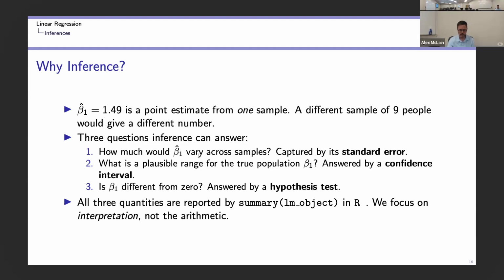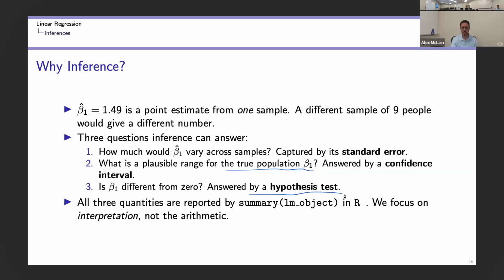So there's 3 questions we can answer. How much would beta 1 vary across samples? So if we took another sample of 9, another sample of 9, how much is this 1.49 going to vary? What's a plausible range for the true population beta 1? This is going to be answered by something called the confidence interval, which we talked about on Friday. Is beta 1 different from 0?